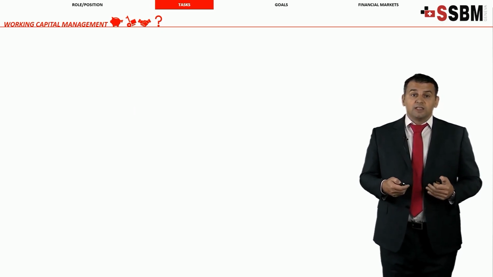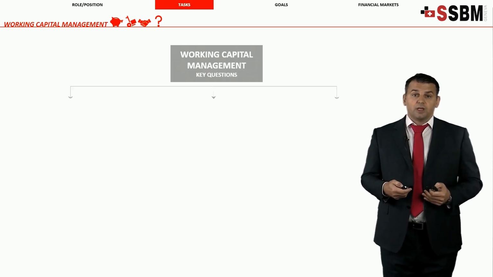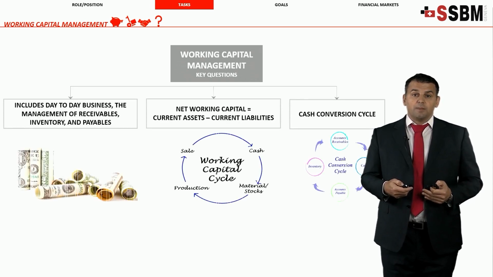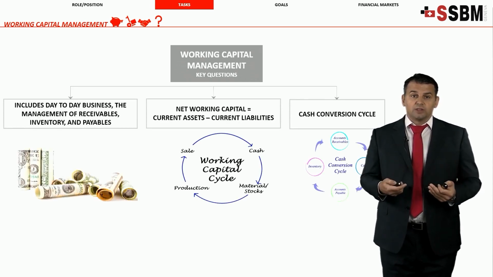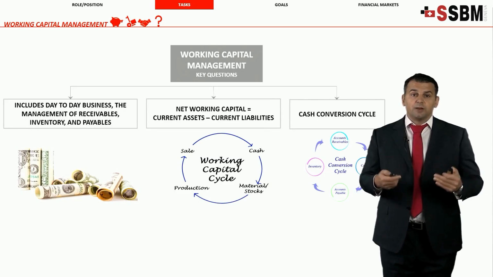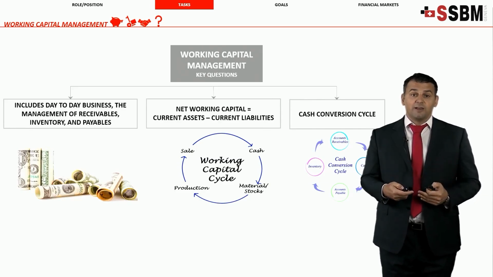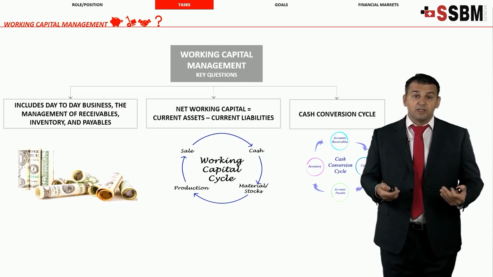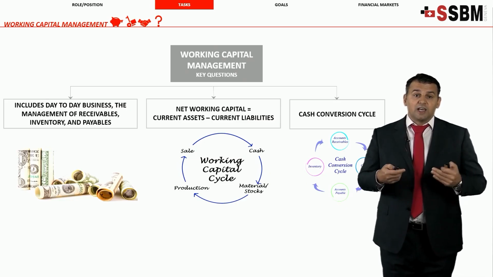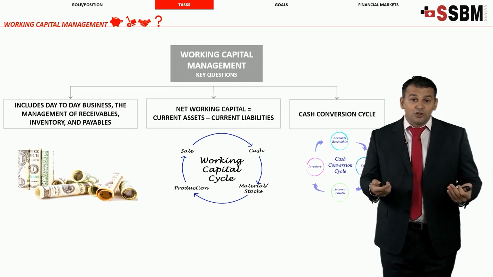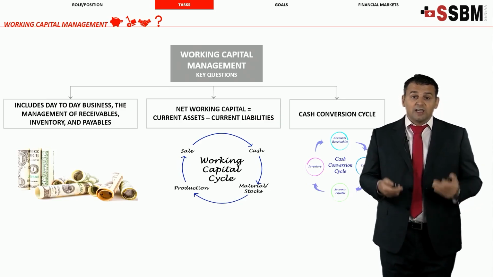So what are the key questions in working capital management here? Working capital management raises some questions. Key questions in working capital management include the optimal level of cash. There are liquidity ratios which can help, such as current ratio, quick ratio, cash ratio, and many others.